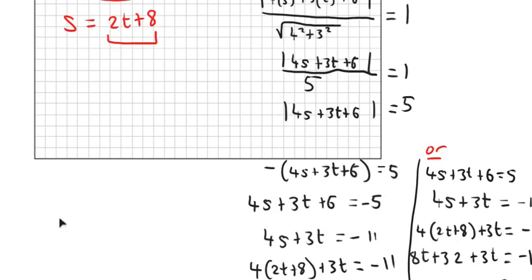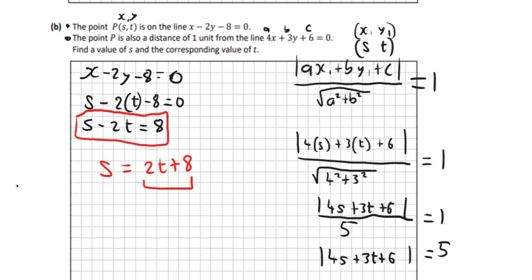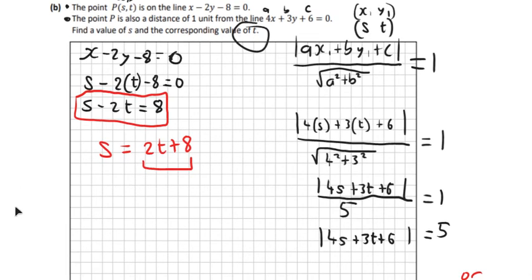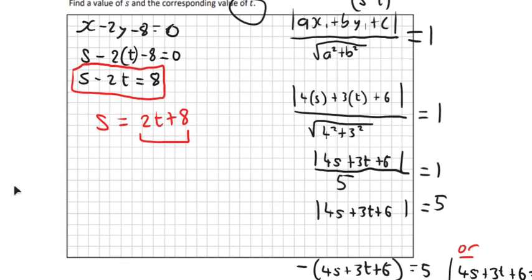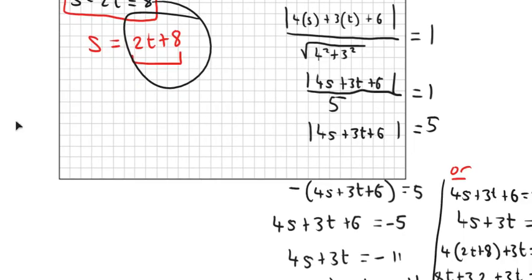Back up at the question from the start, find a value of s and the corresponding value of t. I've done this backwards a little bit. I have two values for t, so I could just sub them back in and get a value for s. So I'm using this here, s is equal to 2t plus 8.